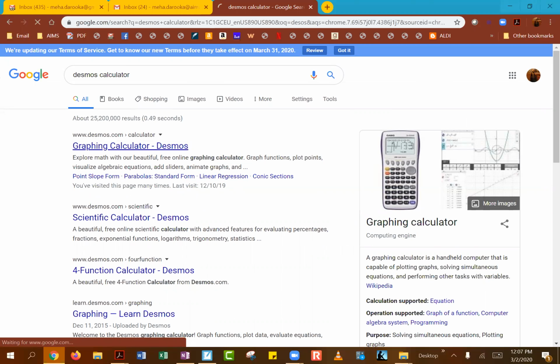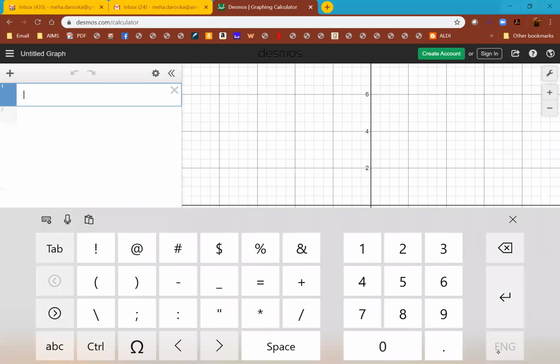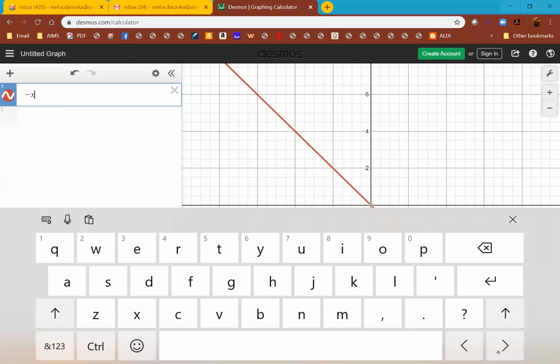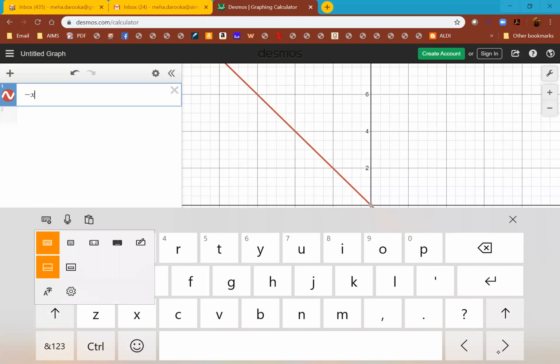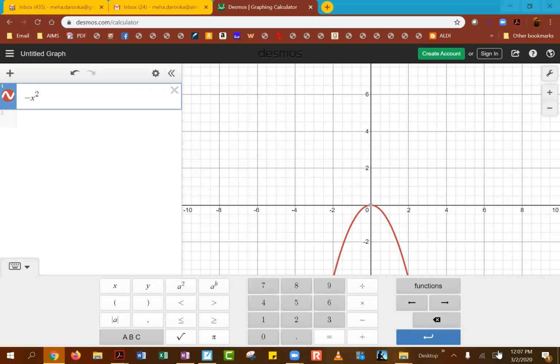Okay, so if we did that first one, which was negative x squared plus 1.